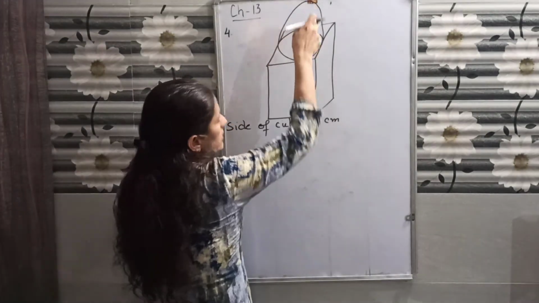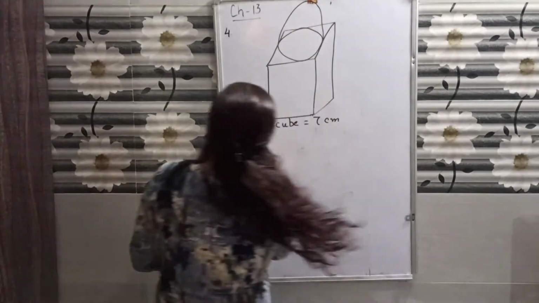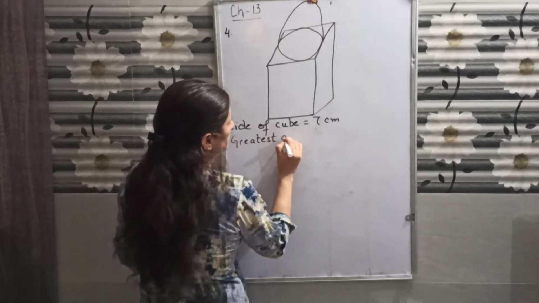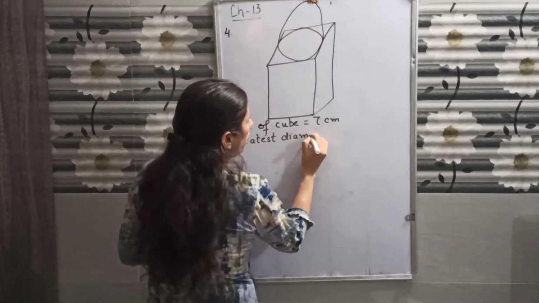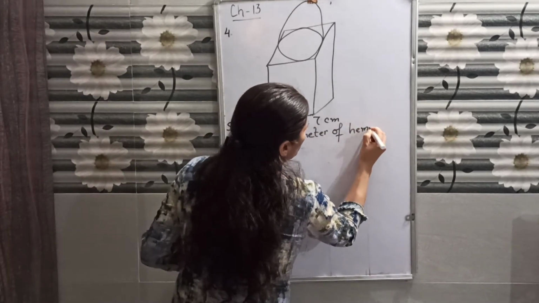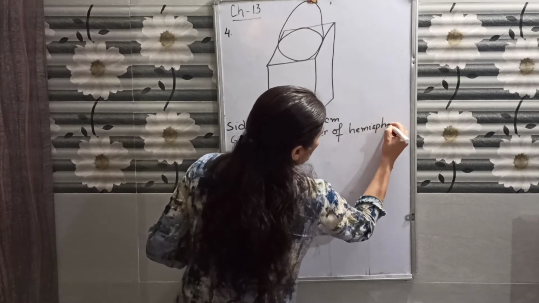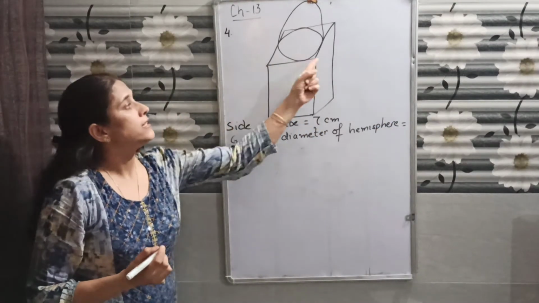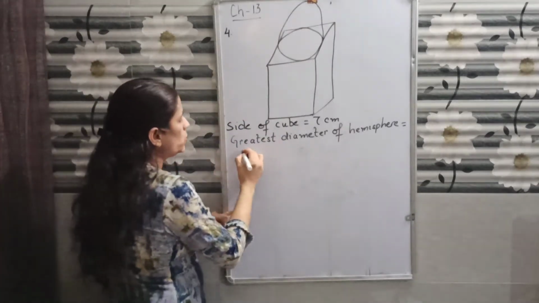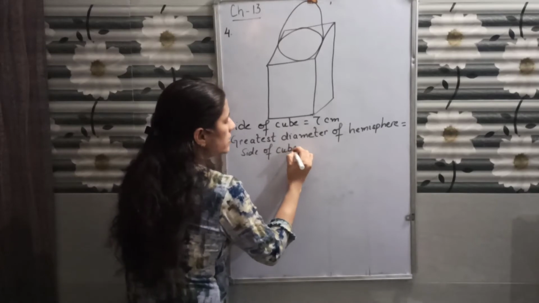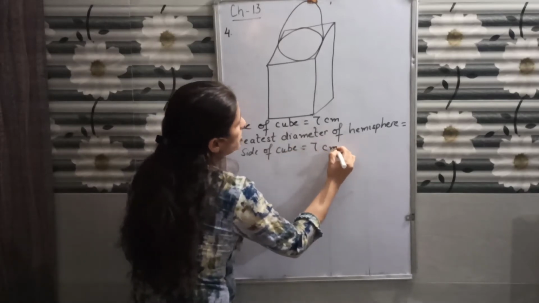So the greatest diameter of the hemisphere will be equal to the side of the cube, that is 7 centimeter.